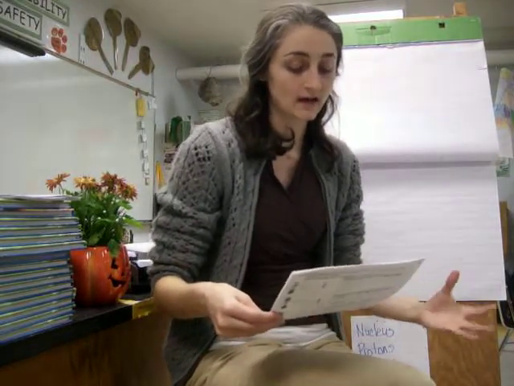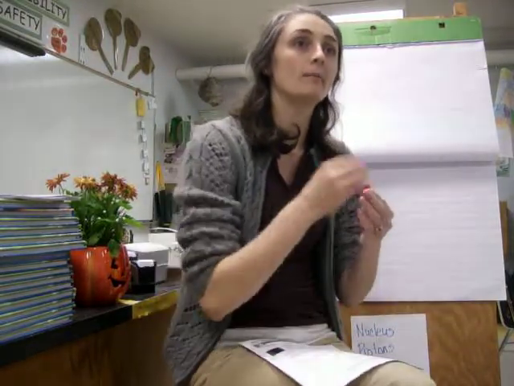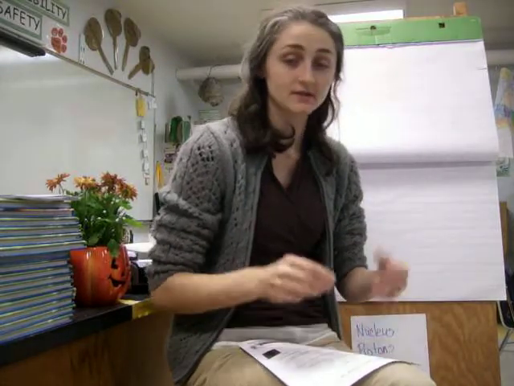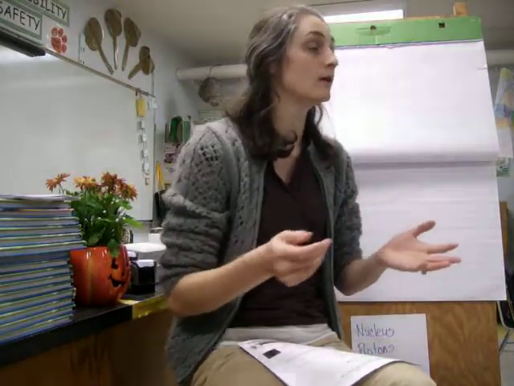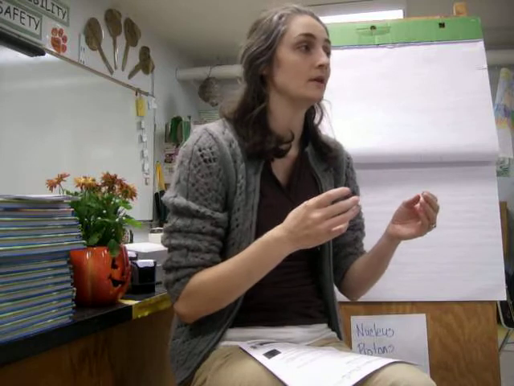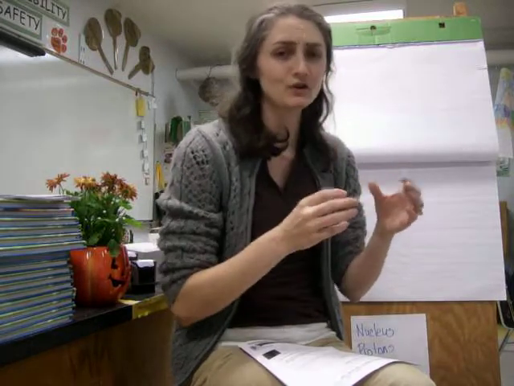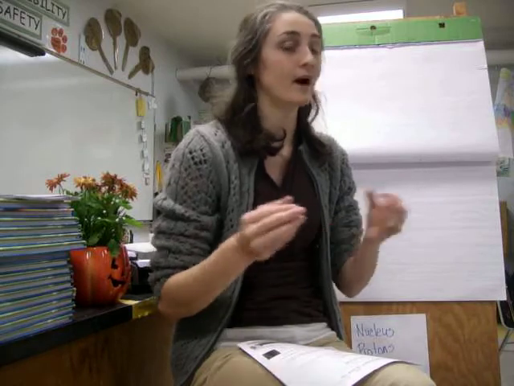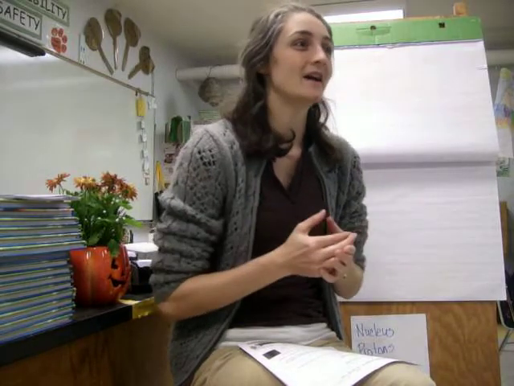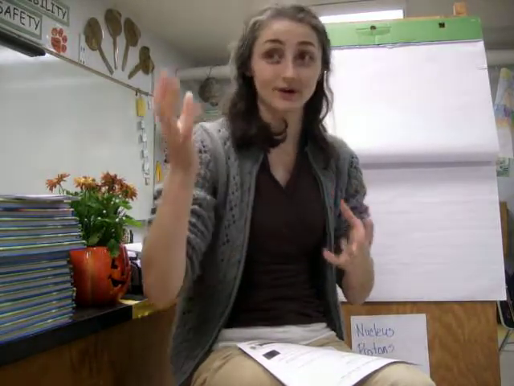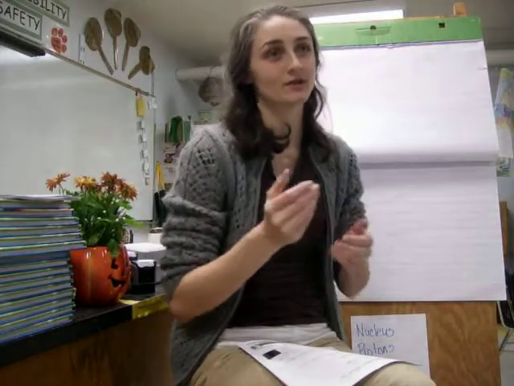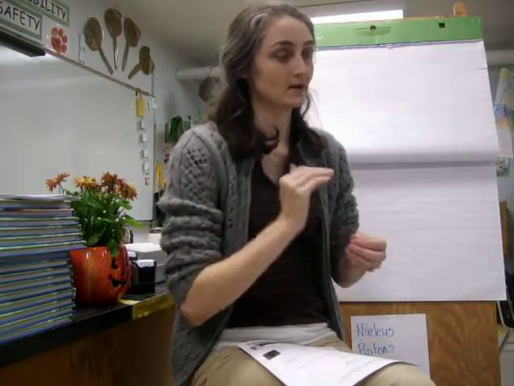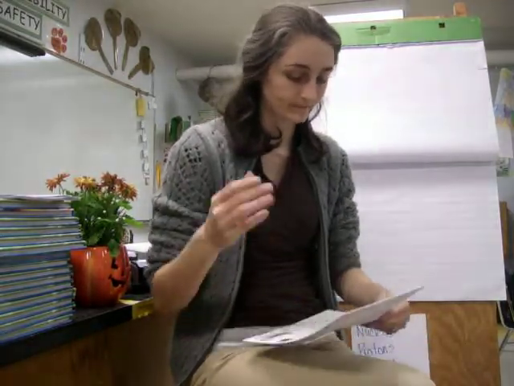Then we talk about things like color, and at what point the elements melt. So the melting point, like with water, we know that ice melts at 32 degrees Fahrenheit or 0 degrees Celsius. There are other elements that are liquids or gases at room temperature, so they would have a much lower melting point.